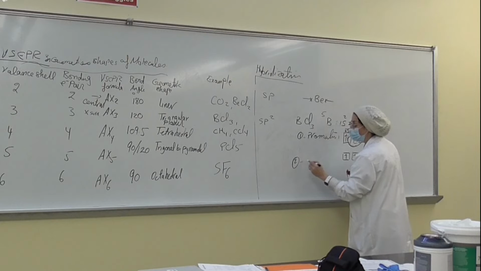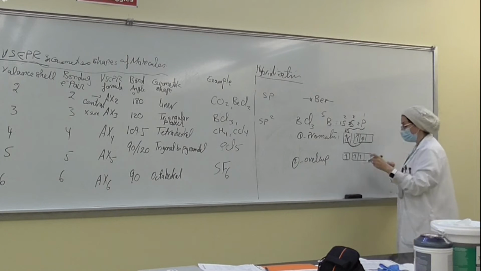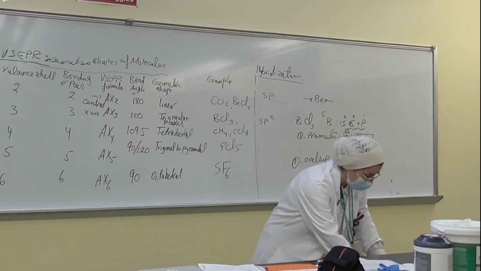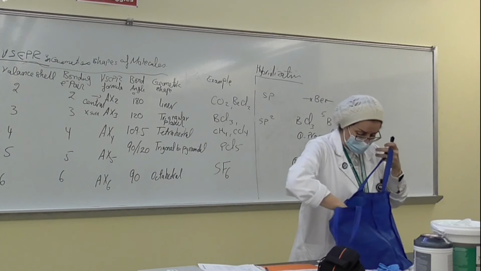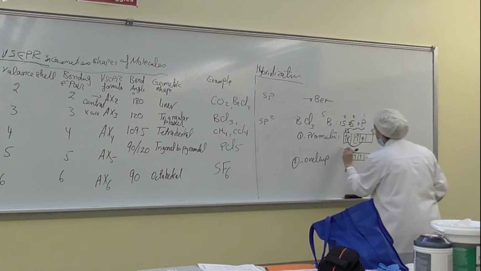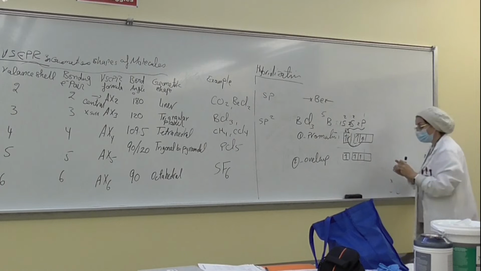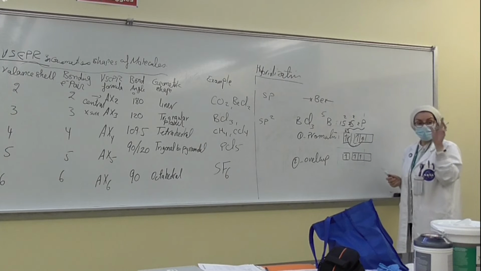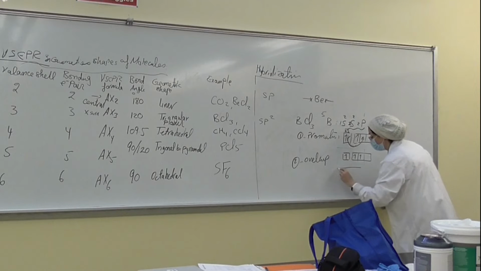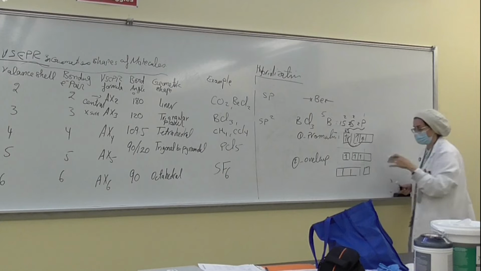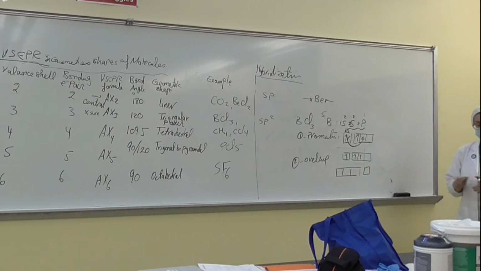Now, this is not enough. Number 2, we are going to overlap all of those 3 together. I'm going to draw it in a different color so we see the differences. So these 3 will come together and overlap to make one type of hybrid orbital, 3 of them, and this stays empty, by itself.